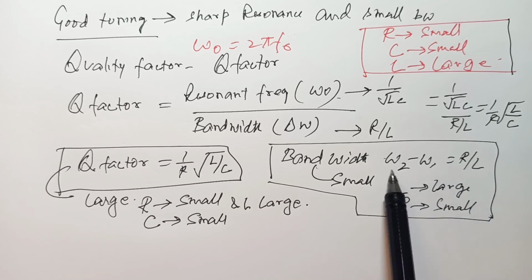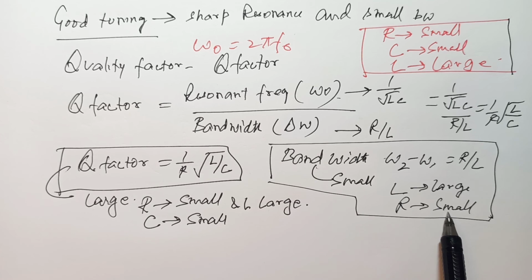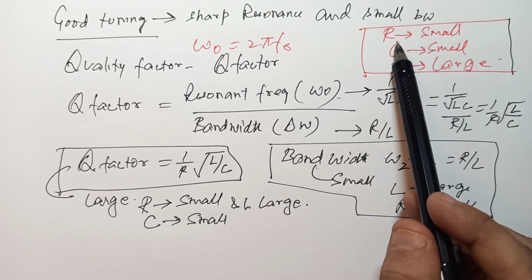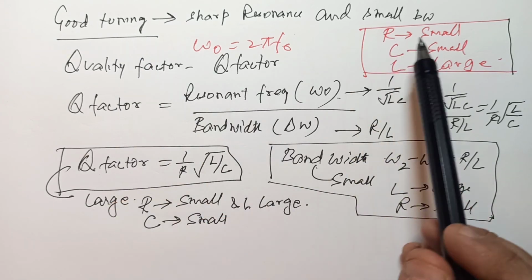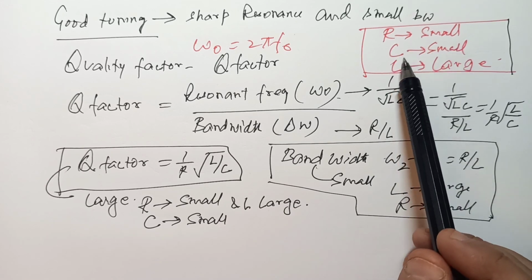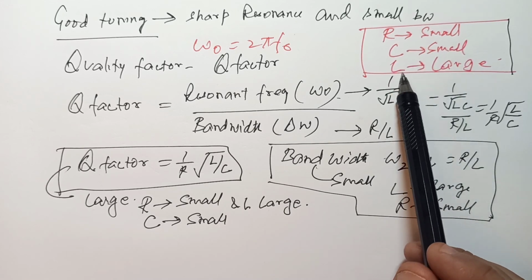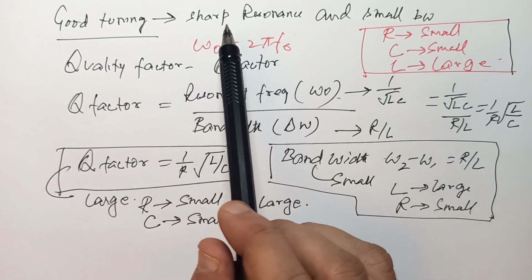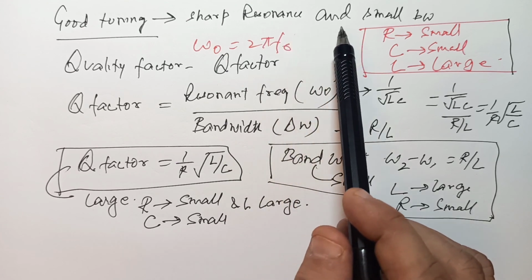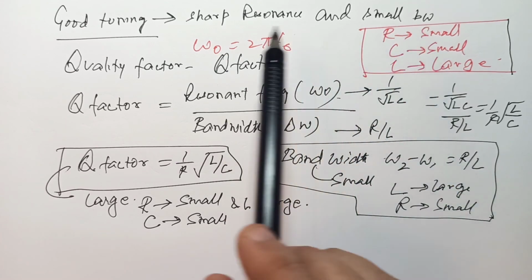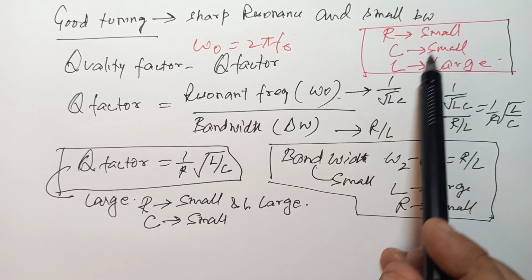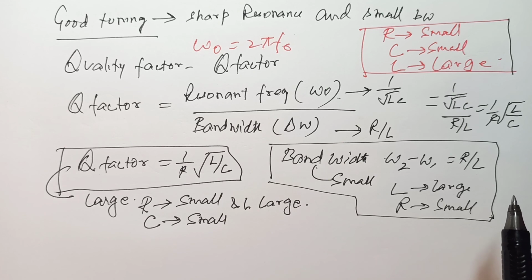Now if I club this and this together, we can deduce the final thing that for a good tuning, R should be small, capacitance should be small, and inductance should be large. Alright, sharp resonance and small bandwidth are needed for a good tuning, and for this we need to have R and C small and L large.